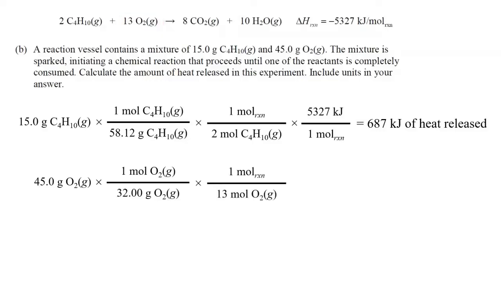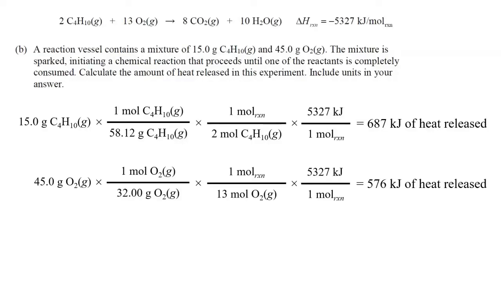And again, based on the value of delta H, there's 5,327 kilojoules of heat released for every 1 mole of reaction. When I pick up my calculator and I go from left to right, it's going to be 45.0 divided by 32 divided by 13, and then times 5,327. My answer will be in kilojoules.